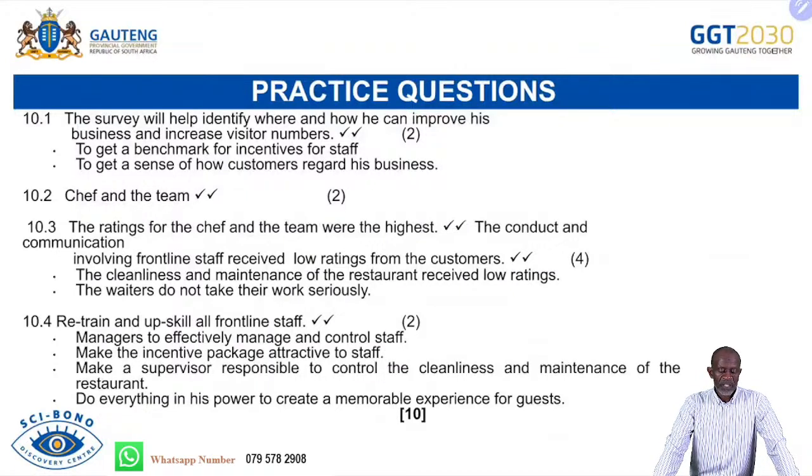10.4, one of the recommendations would be to retrain or upskill the frontline staff. So the frontline staff would include people like the waiters, the cleaners, who should be trained, who should be given skills on how best to improve in their service delivery.